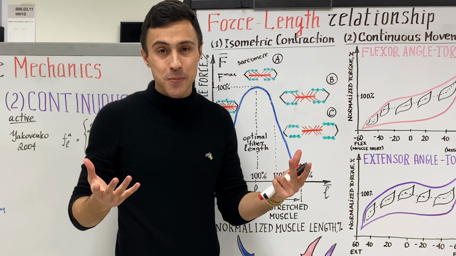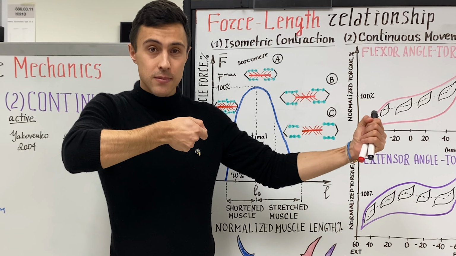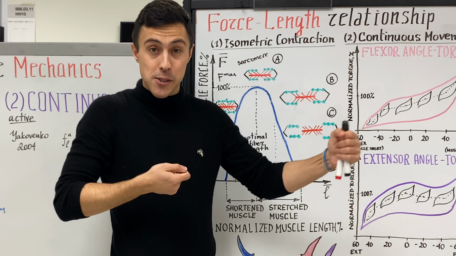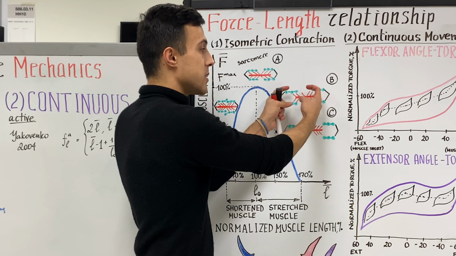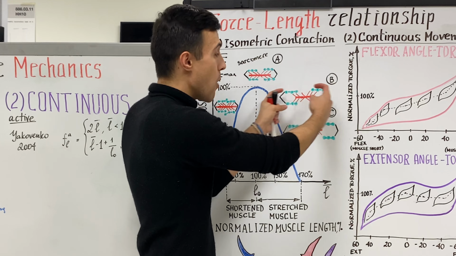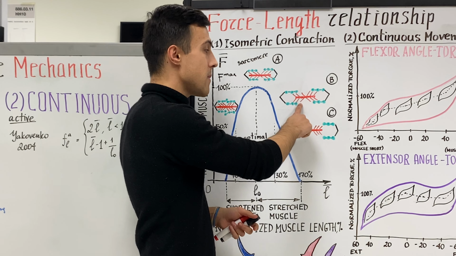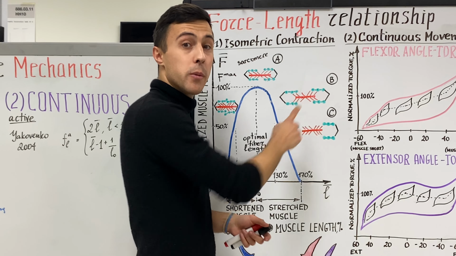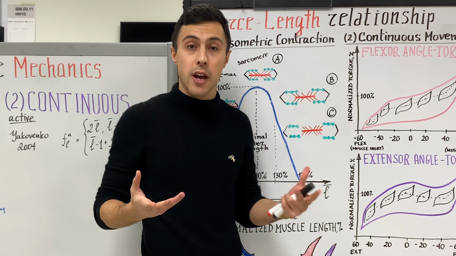It's that simple. Now, obviously, if you start stretching the muscle, you're stretching the sarcomeres. And when you're stretching the sarcomeres, you start pulling the thin filaments away from the thick filament. Now, that means some of the myosin heads will become vacant, so some of them won't be participating in contraction.